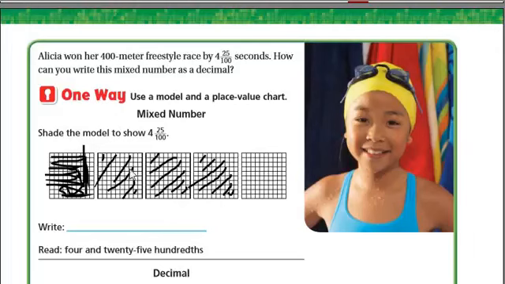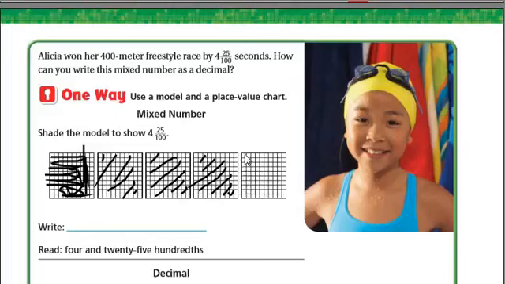Now I have shaded 4 whole ones. Then in the 5th one, I should shade only 25 parts, 25 hundredths. So 1 long is 1 tenth.